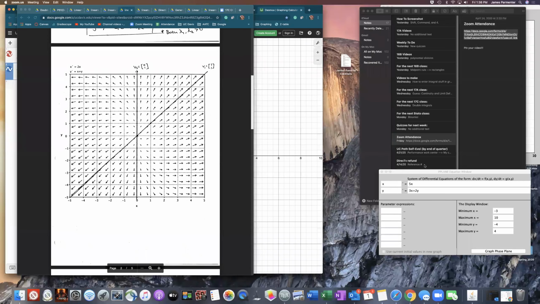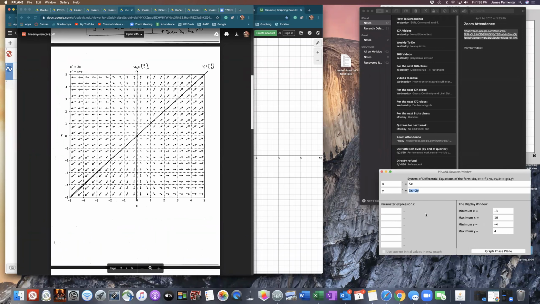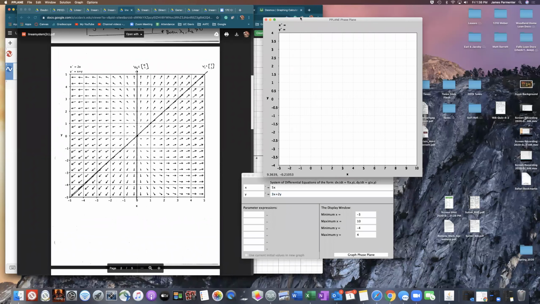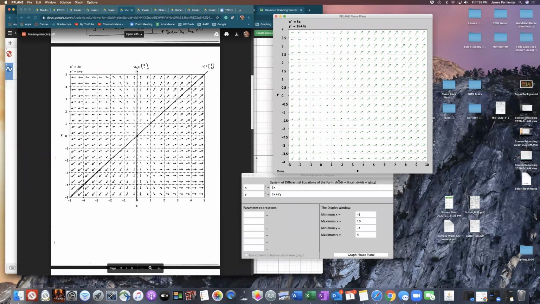If I graph this, here's my origin at 0, 0, and everything is moving outward from it. So that's a source. The eigenvectors are 0, 1 and 1, 1. If we pick something at 0, 1, it should just go straight up. Close enough. That's the eigenline. We're just going in the direction of the eigenvector.